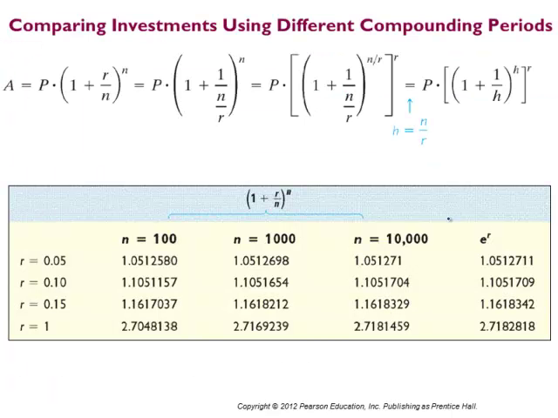All right, moving along here. All right, so we could organize our work here where we are going to take a look at going to a very large and past to infinity the number of compounding periods per year.